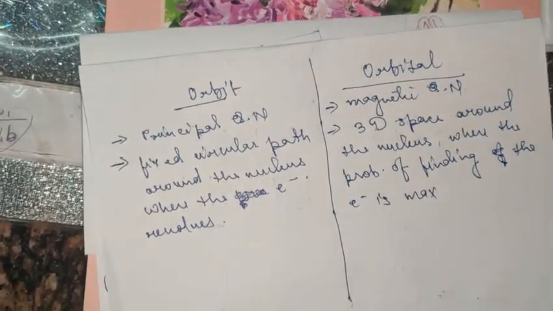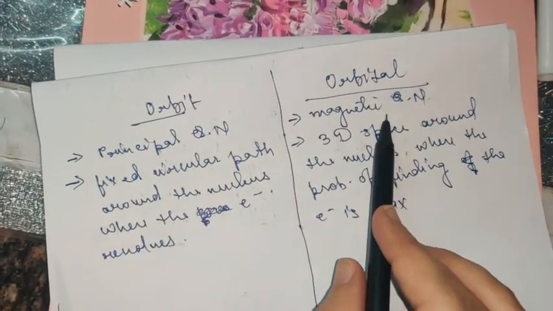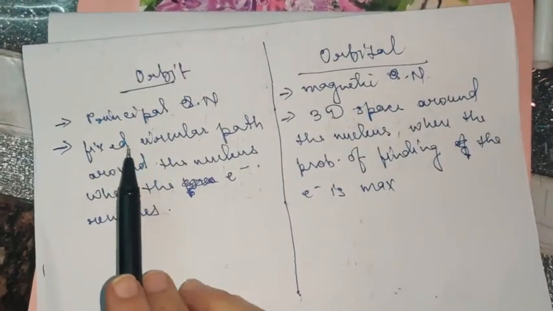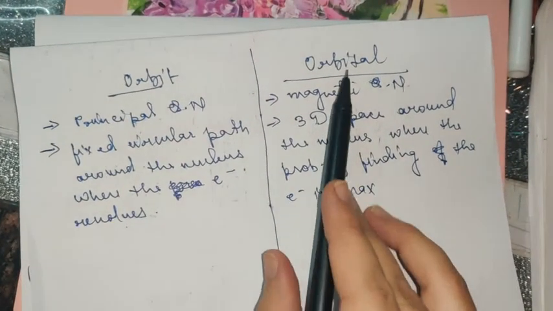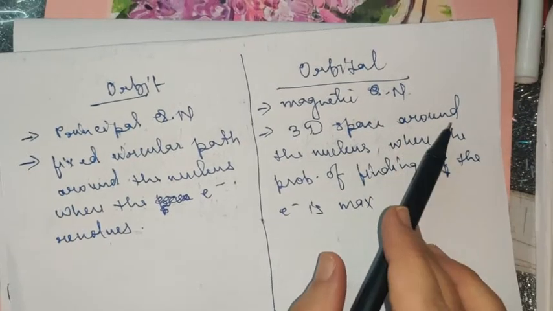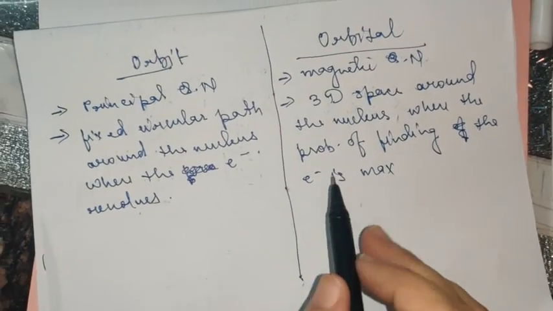So these two differences, I hope it is clear. This information you know, this also you know. The definition, if it is asked: orbit is the fixed circular path around the nucleus where the electron revolves, and orbital is the three-dimensional space around the nucleus where the probability of finding the electron is maximum.